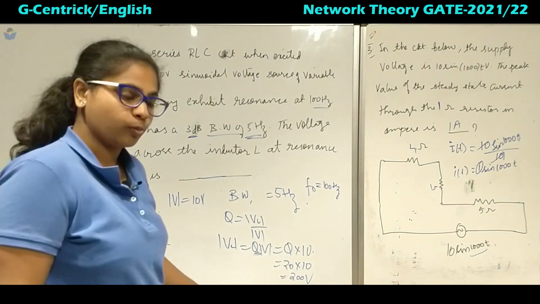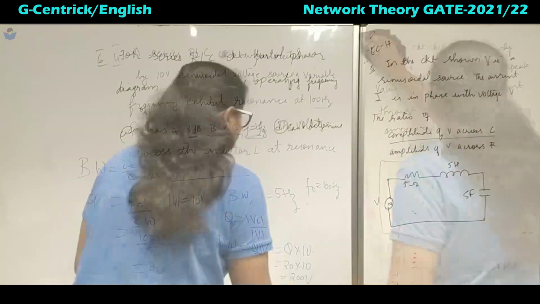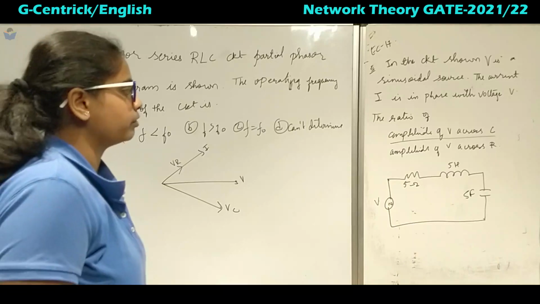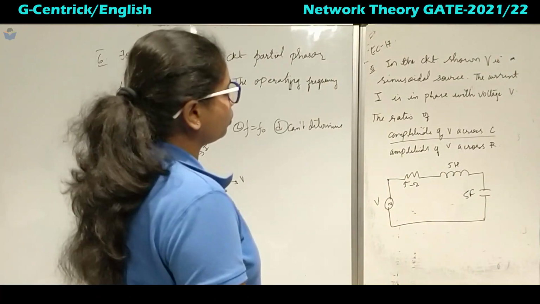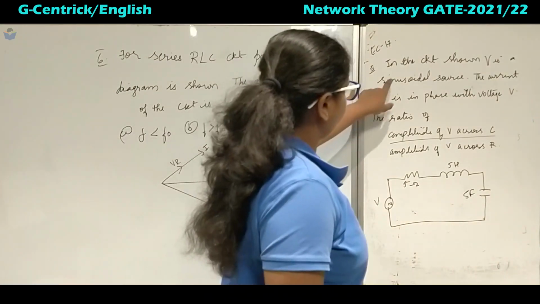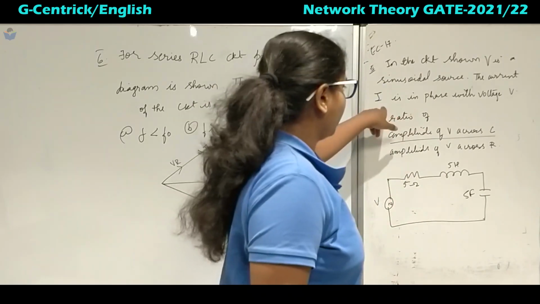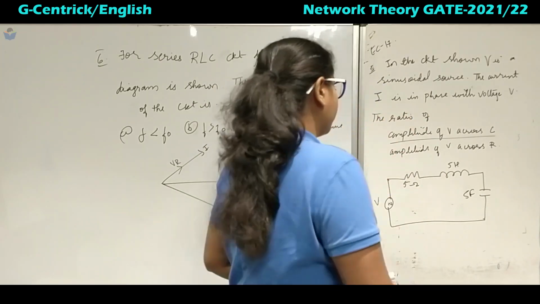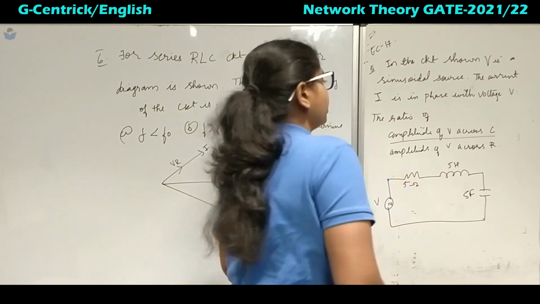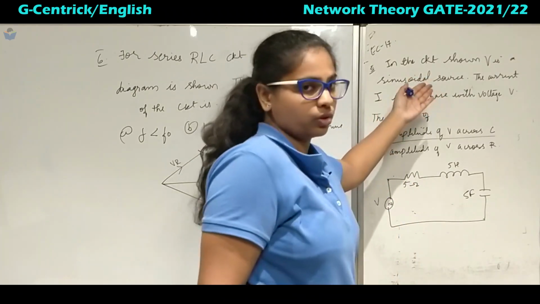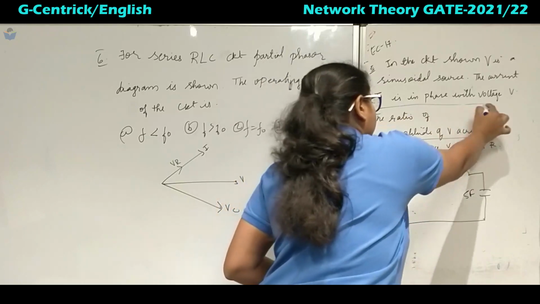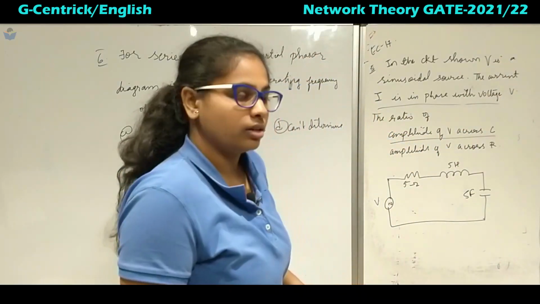Next we will see a few more problems based on this. Coming to question number 5, they have given that in the circuit shown, V is a sinusoidal voltage source and the current I is in phase with voltage V. This sentence clarifies that it is a resonant circuit.